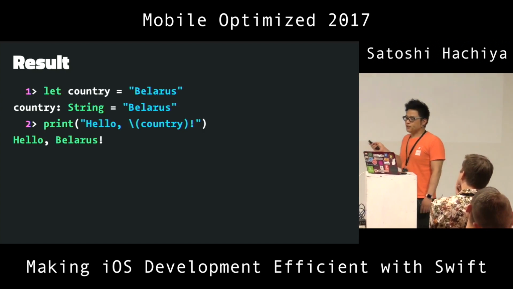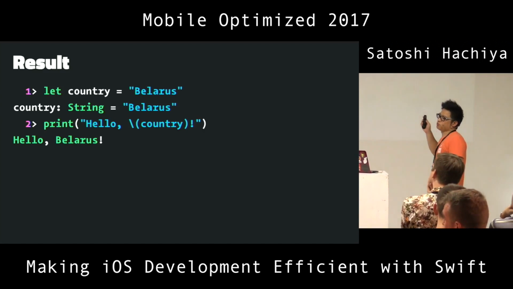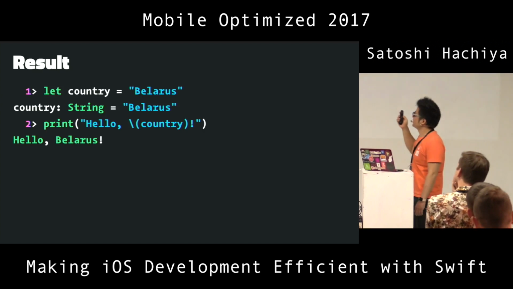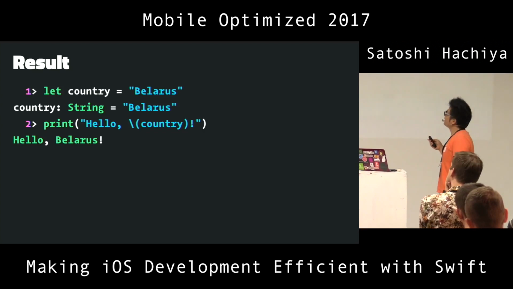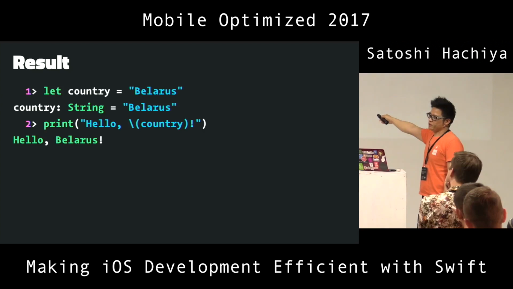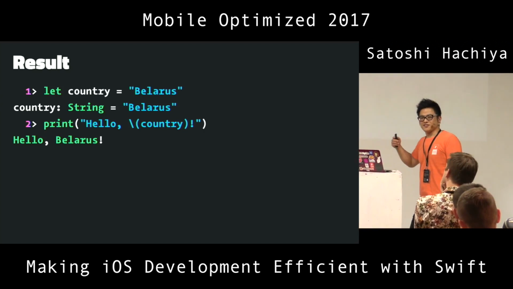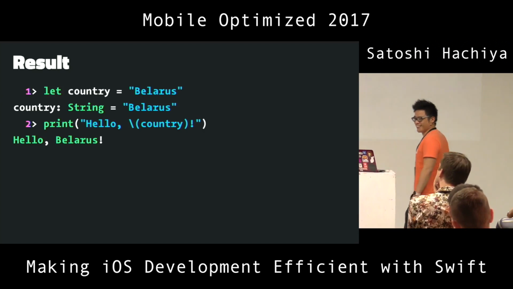Next, I use the print function to print this value. The example is very simple. Then, hello Belarus is printed. By the way, how can I say Belarus in English exactly? Belarus. Yeah, thank you.